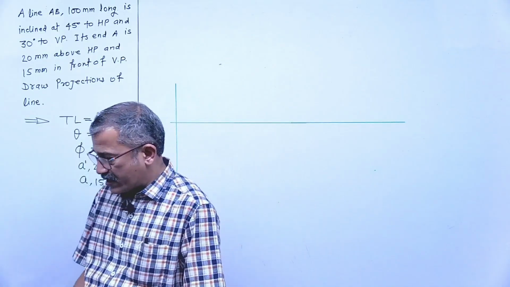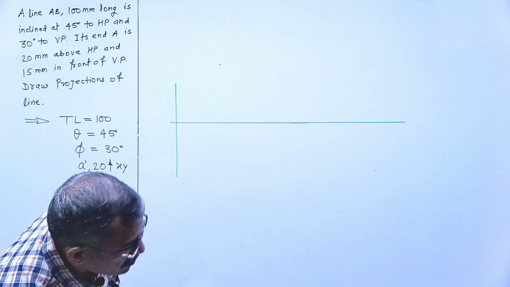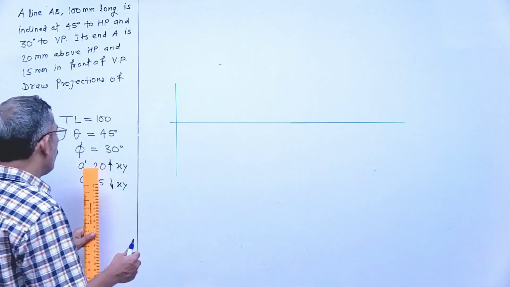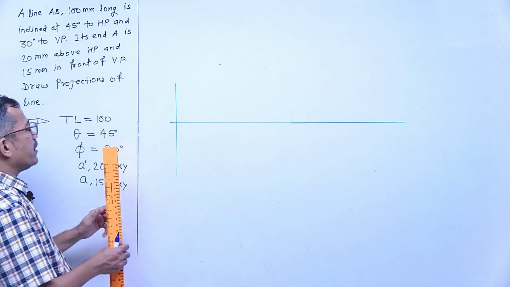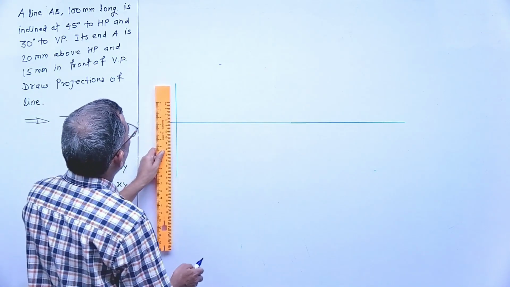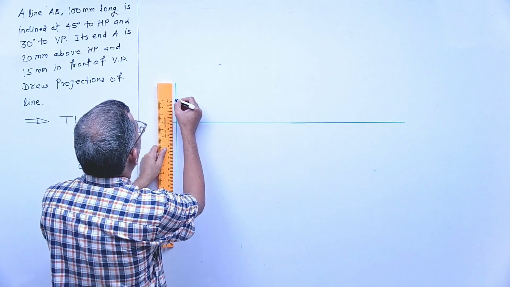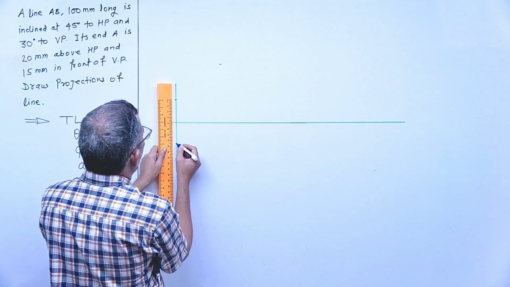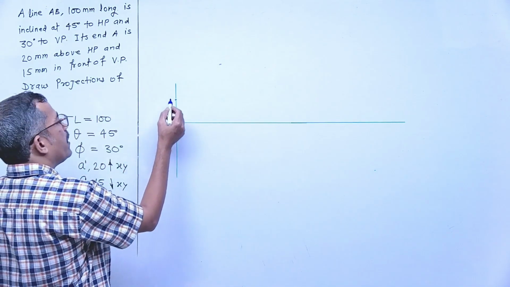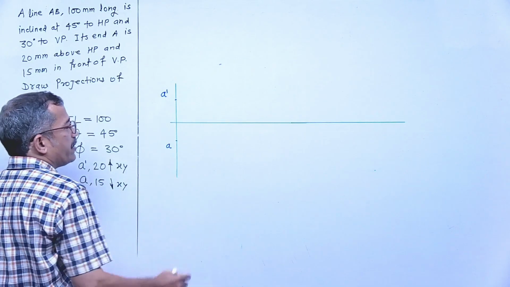In this case, the point is 20 mm above HP and 15 mm below the XY line, that means in front of VP. We represent the front view and top view here: the front view of the end at 20 mm and the top view at 15 mm. Front view a dash, top view a.